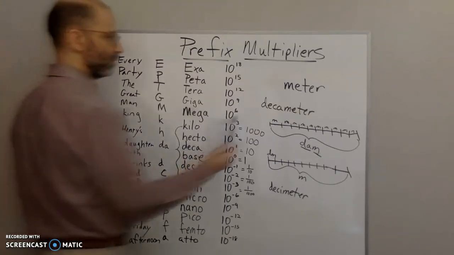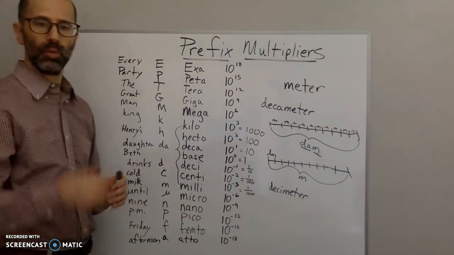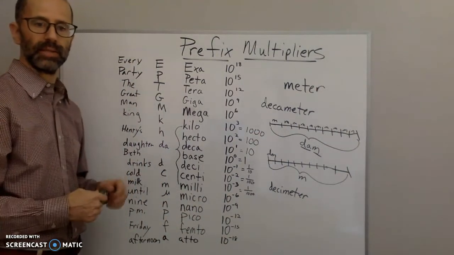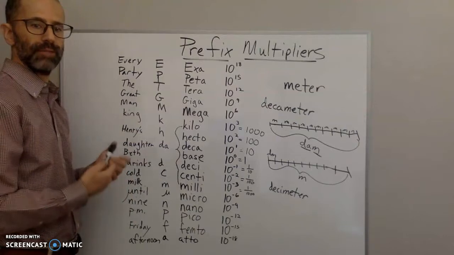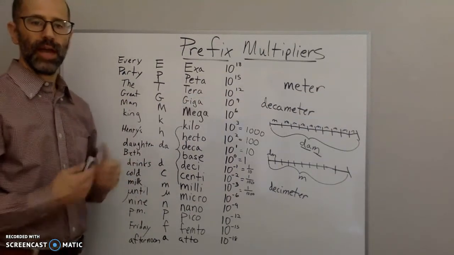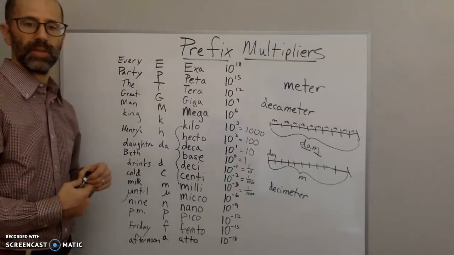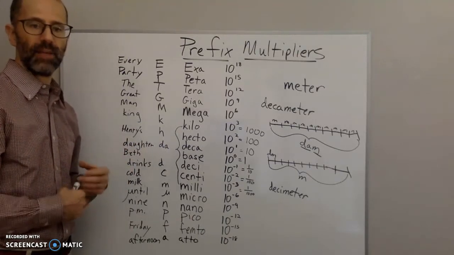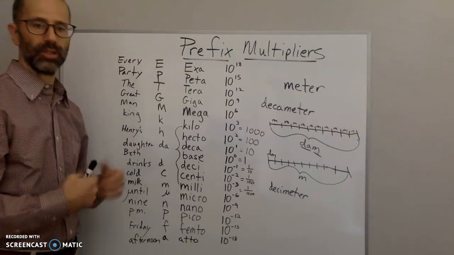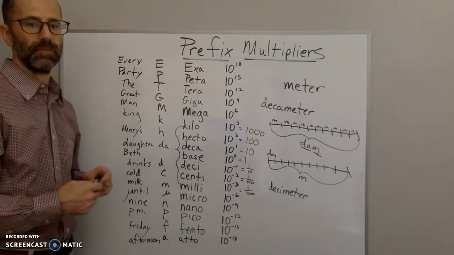If my base unit is meter, then that would mean 1 meter. It's the base. So I'm going to start with meter, and then whatever prefix I add to that unit is going to indicate how much bigger or smaller that unit is compared to the base unit.